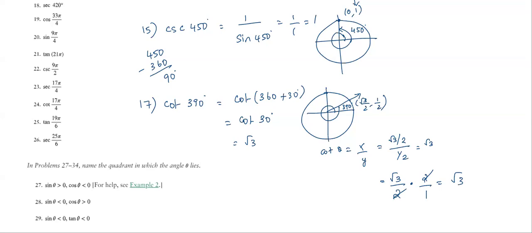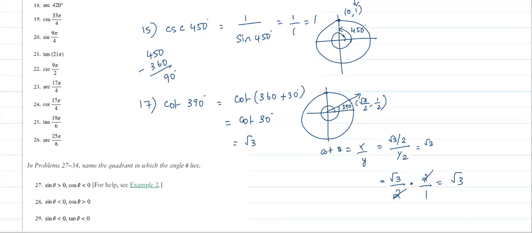Okay, and that takes us to question number 19. I will take 19 all the way down. Question number 19 is what is sine 9 pi over 4? Question number 21, I'm just writing these down, 21 pi.